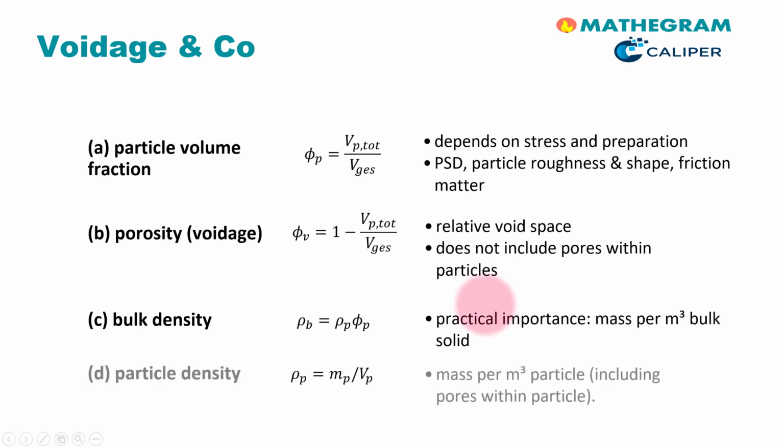Finally, I would like to clarify the word particle density. This is the total mass of a particle divided by the particle volume. It is hence the mass per cubic meter particle volume, and this particle volume includes the pores within the particle. Note, rho p is not identical to the solid density in case a particle is porous.